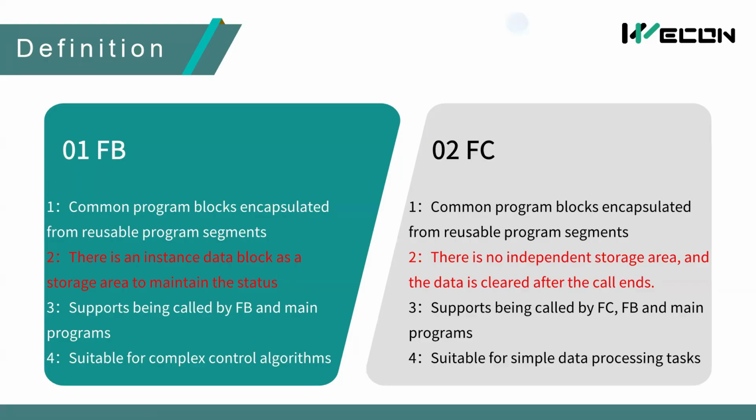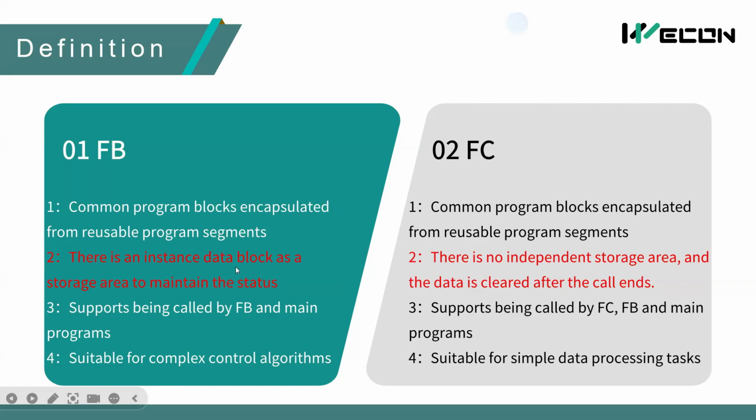Every time when we call this function block, the function block can keep its internal variable value. But for function, every time when we call the function, the internal variable can't keep its value.